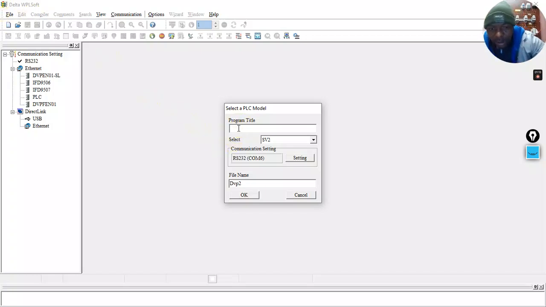It is still the logic gates, and we said we are using the Delta PLC, and then to do the exclusive OR gate.